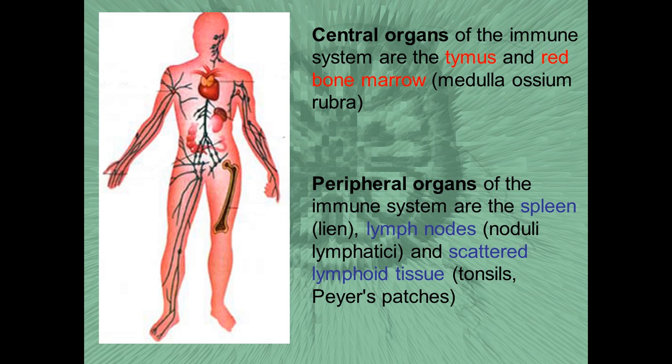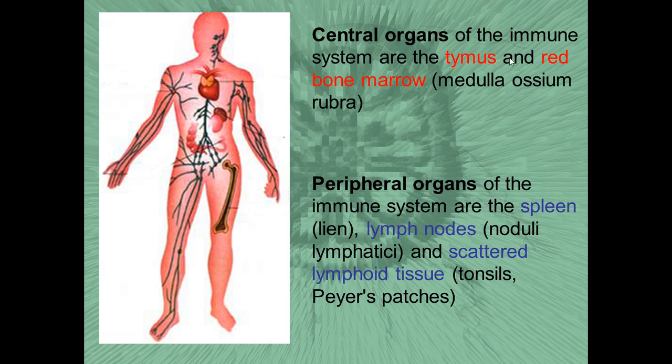These peripheral organs include the spleen, the lymphatic nodes, we were talking about it earlier. Then also scattered lymphoid tissue represented by the tonsils, by the Peyer's patches, by the vermiform appendix, and so on.